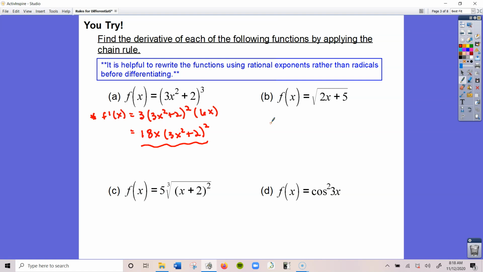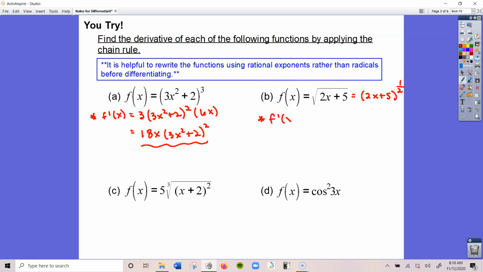Now for b, we have f of x is equal to the square root of 2x plus 5. Now, whenever you're finding the derivative of anything that has a radical, please remember to rewrite the radical using rational exponents first. So the square root of 2x plus 5 is equivalent to 2x plus 5 raised to the 1/2. Now I'm ready to find the derivative.